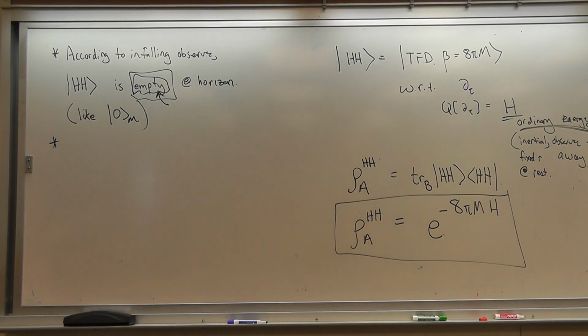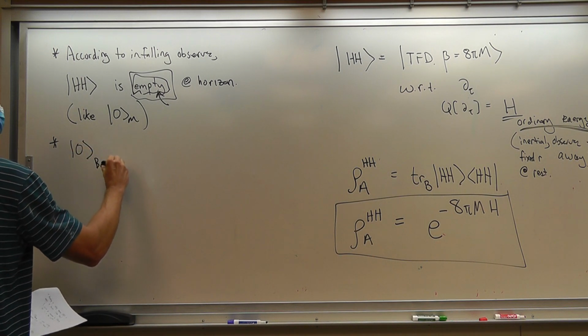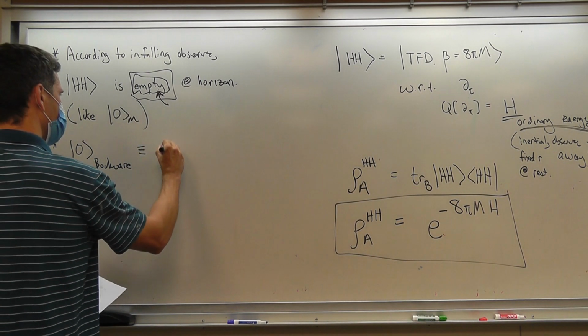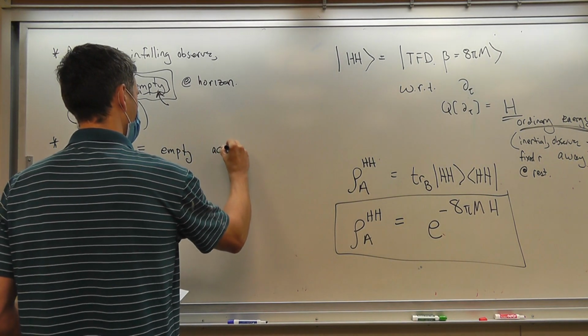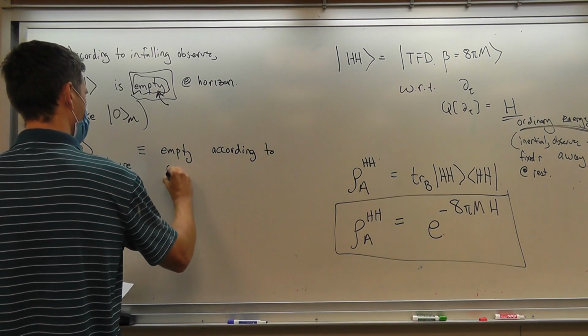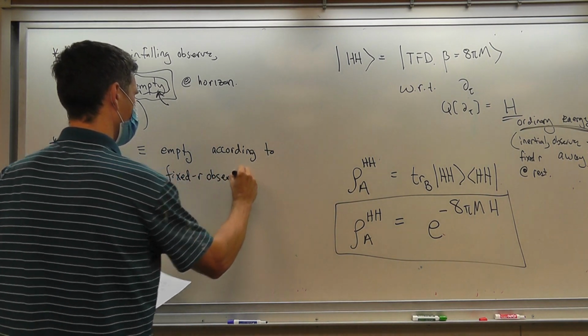Well, as I've emphasized, Hartle-Hawking was a definition. It was a choice of state. There are other states on the eternal black hole which are different. So there's one called the Boulware vacuum, which is defined to be empty according to a fixed R observer.